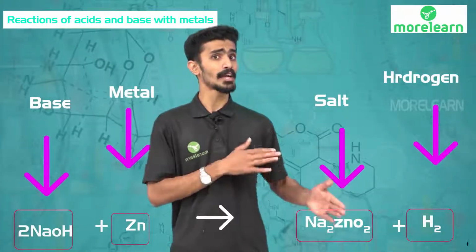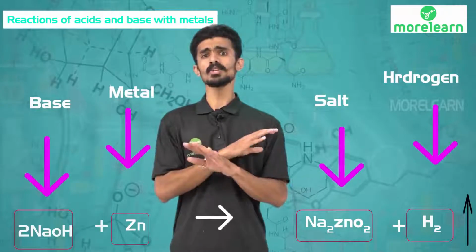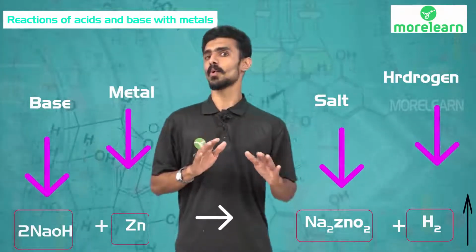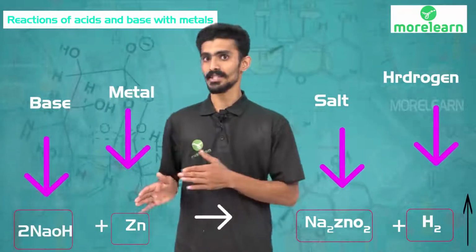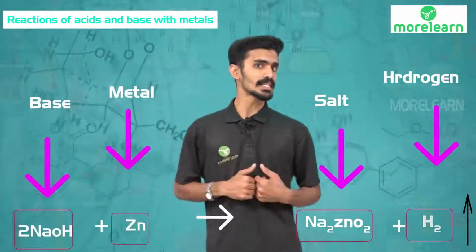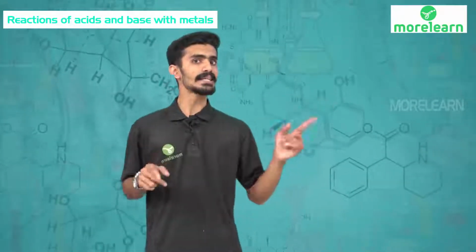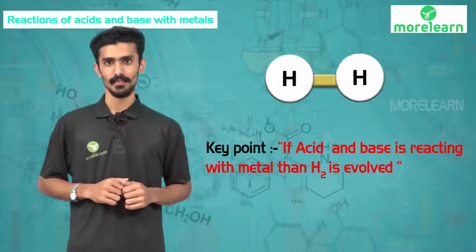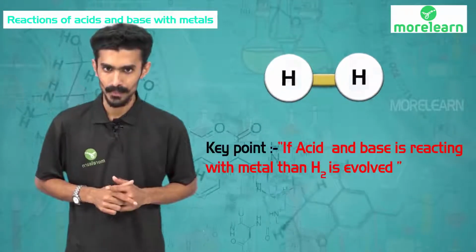So here also hydrogen gas is liberating. But in most cases, bases won't react with metals. Usually, by using these two examples, we can say that an acid or a base reacting with a metal will produce hydrogen gas. I think that point is clear for you.